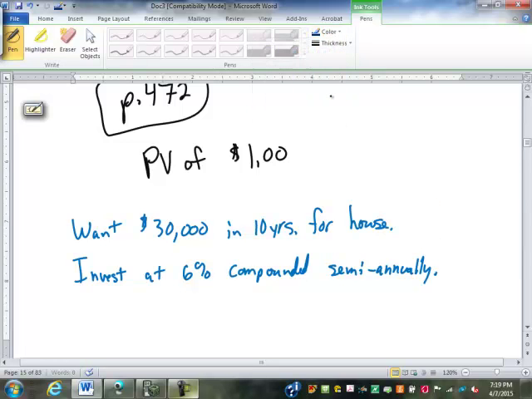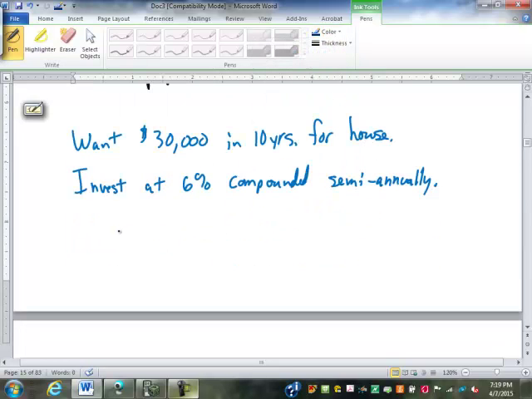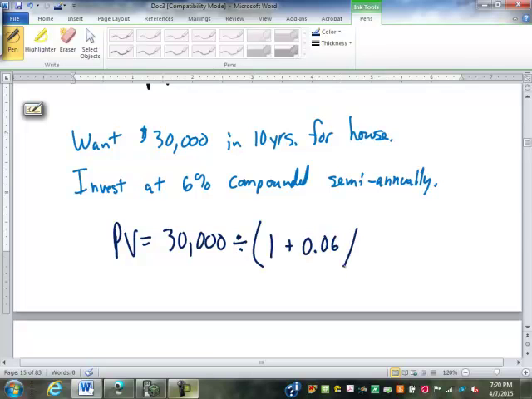So if I'm using the formula here, all I have to do is this. The present value is equal to that future value of $30,000. What comes next? Divided by, because we're going the other way. Parentheses, 1 plus 0.06 divided by semi-annually means twice a year, to the power of 10 years times twice a year is 20 periods. Does everybody see where the 20 comes from?